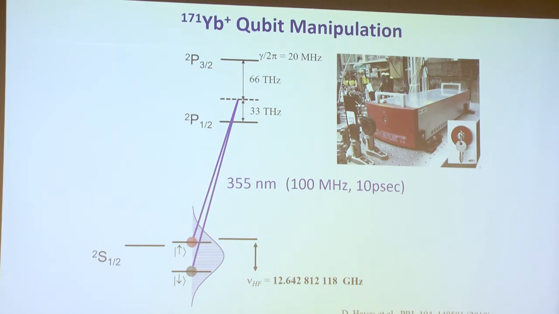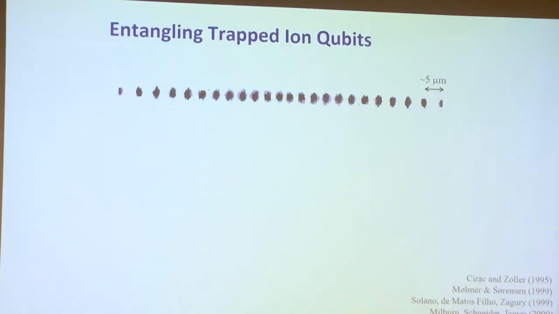Okay, so the next slide is maybe the hardest, but conceptually, I'm going to tell you how we entangle atomic ions. This is an image of a linear trap. I didn't talk much about the ion trapping, I just don't have time, but we hold these atoms in free space with electrodes, and it's basically a three-dimensional harmonic trap.